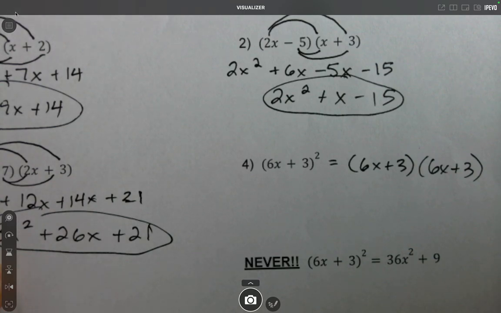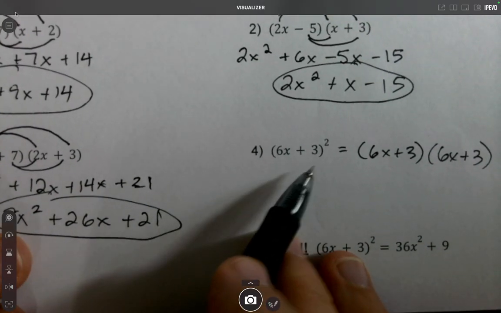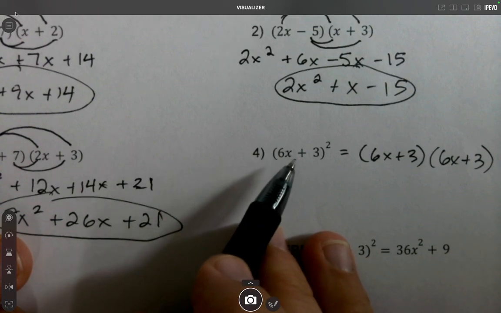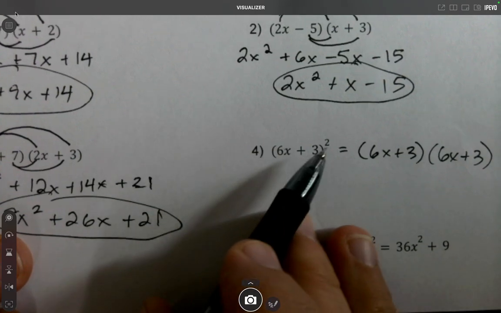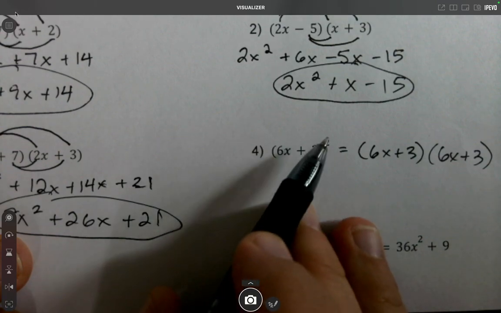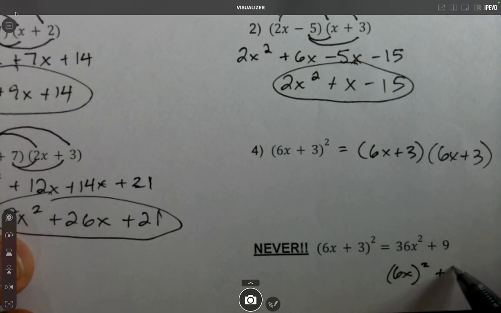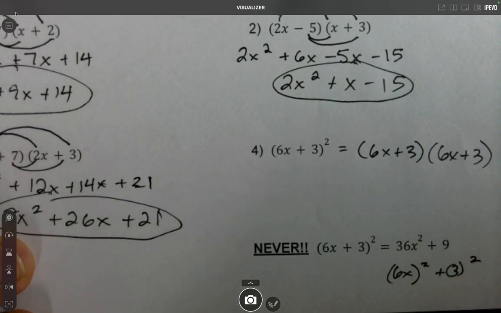Now, I'll do this in just a moment so you can see the answer, but I want to make sure you understand a common mistake people make, even high school students, probably even college students. They'll see this and say, oh, that just means I square the 6x and get 36x squared, I square the 3 and get 9. No, that is not what that means. That would be 6x squared plus 3 squared.